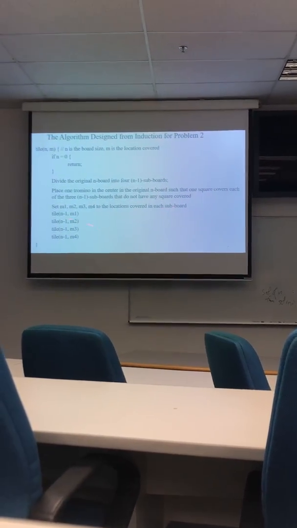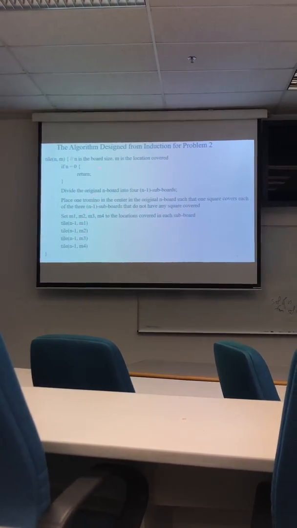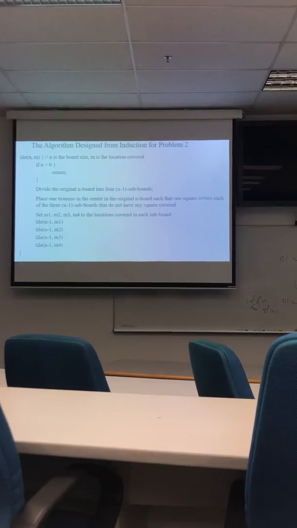Then after that, we set M1, M2, M3, M4 to be the locations of the squares covered by the tile. Then we call the same algorithm for the 4 subboards, solving all 4 subproblems. After the 4 subproblems are solved, we don't need to do anything else. Put together, that is the solution for the whole problem.